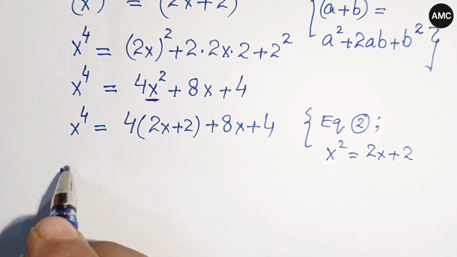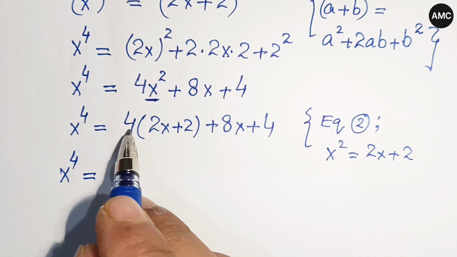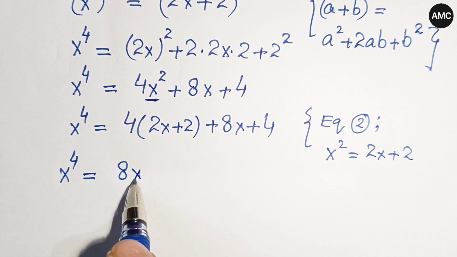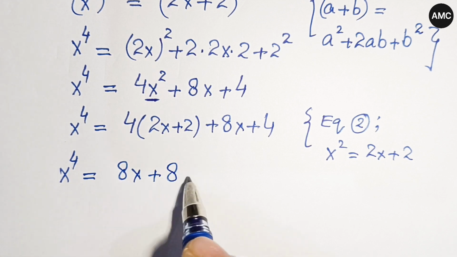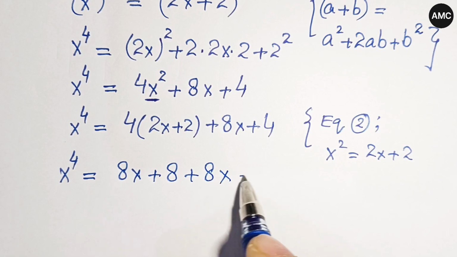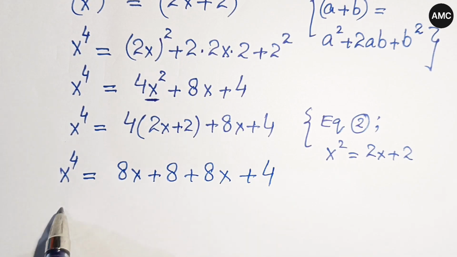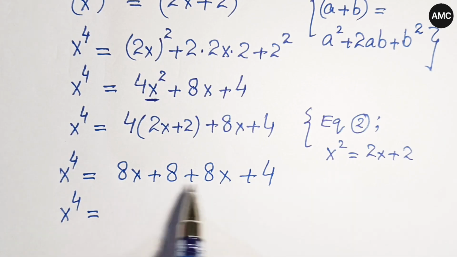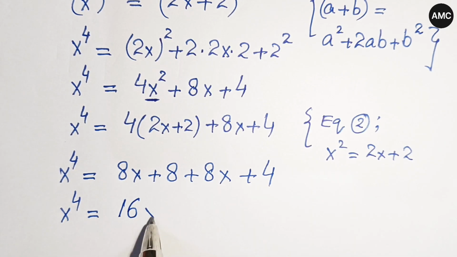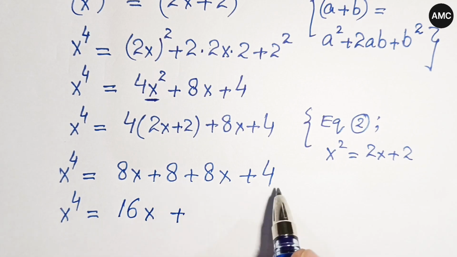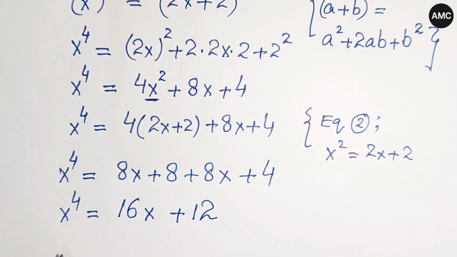Our next step will be x to the power 4 is equal to 8x plus 8 plus 8x plus 4. We have 8x plus 8x, we get 16x, and 8 plus 4, we get plus 12. So it is the value of x to the power 4. Let's say it is our equation number 3.